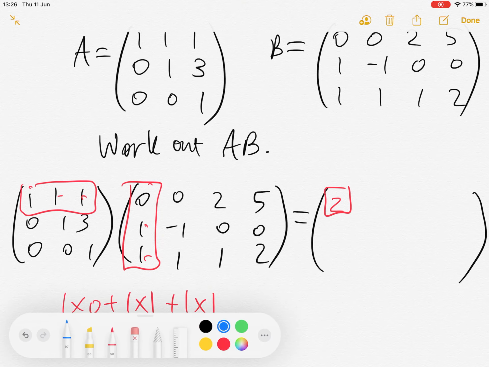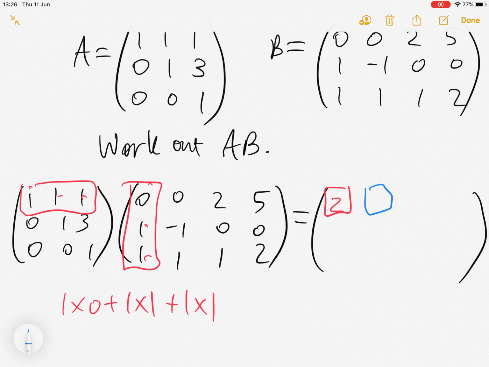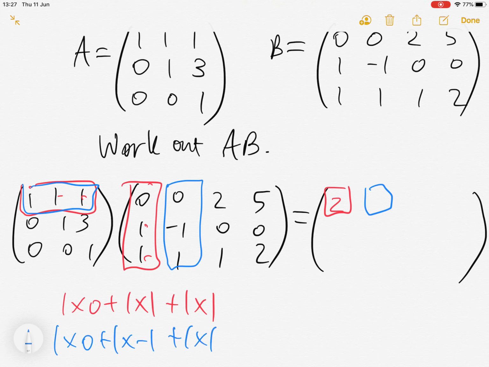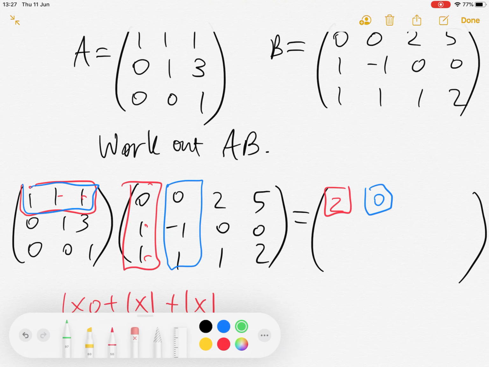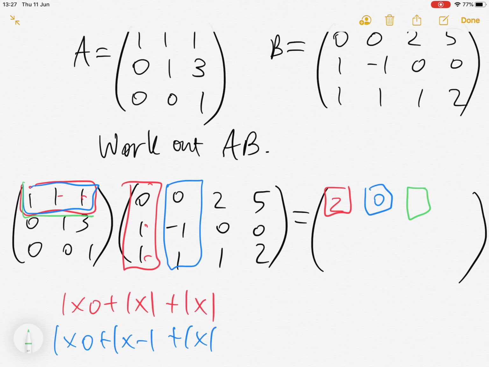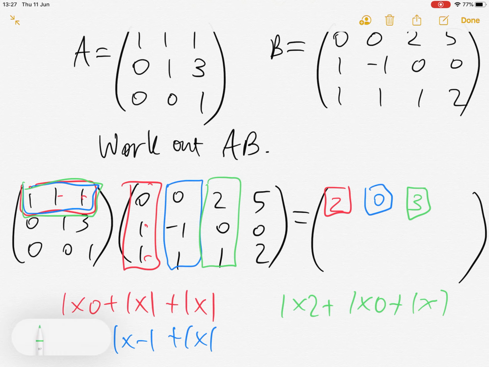Moving along, the second entry in the first row, we're still using this row, but we're now using this column. So we do 1 times 0, plus 1 times minus 1, plus 1 times 1, which is 0. And then the third entry, still using the first row, we're now in the third column, so we do 1 times 2, plus 1 times 0, plus 1 times 1, that's 3.